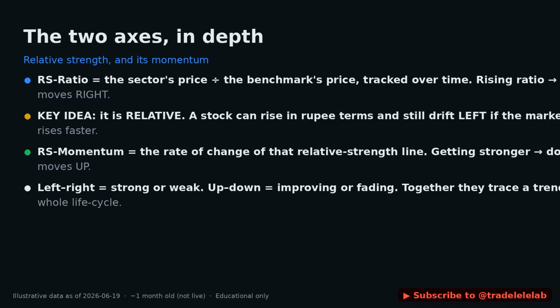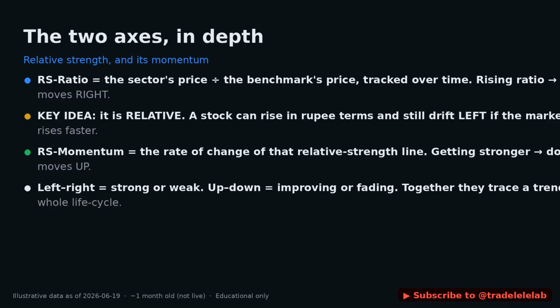If the sector is climbing faster than the Nifty, the ratio rises and the dot moves to the right. If the sector is falling behind, even if its own price is going up, the ratio falls and the dot moves to the left. This is the single most important idea. The RRG is about relative performance, not absolute. A stock can be rising in rupee terms and still drift left, simply because the market is rising even faster.